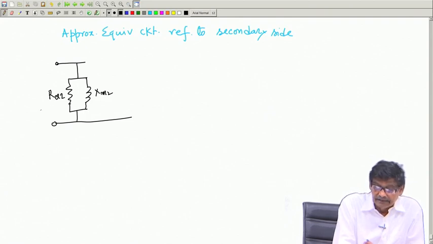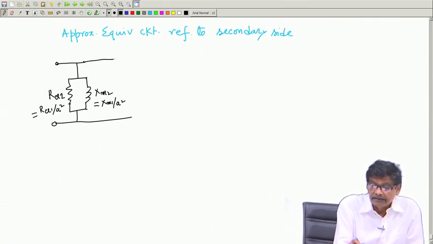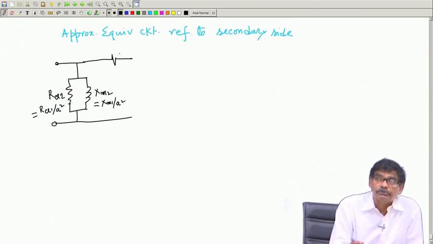And this RCL2 is nothing but RCL1 by a square. From this side to that side, things are to be divided. In terms of XM1, it will be by a square, and I will now show it and leave it to you to verify it is indeed true.